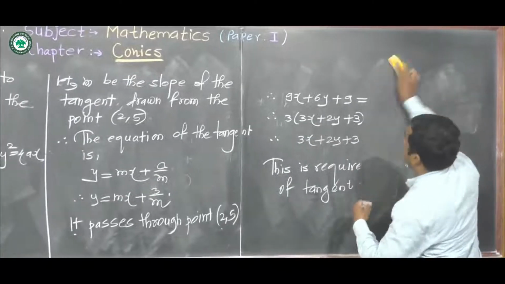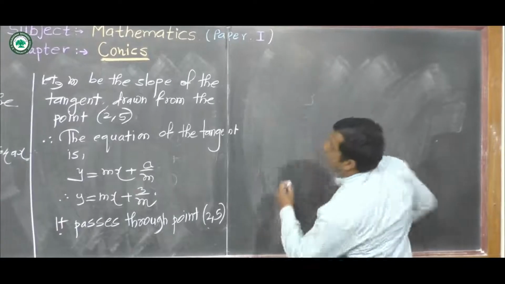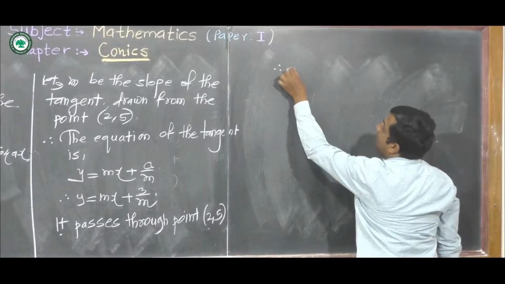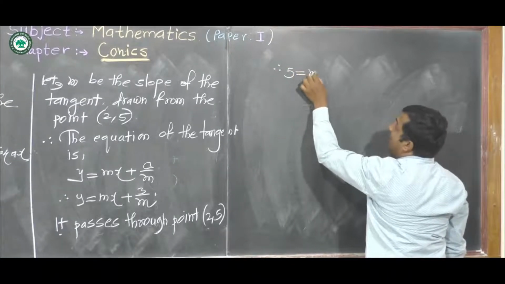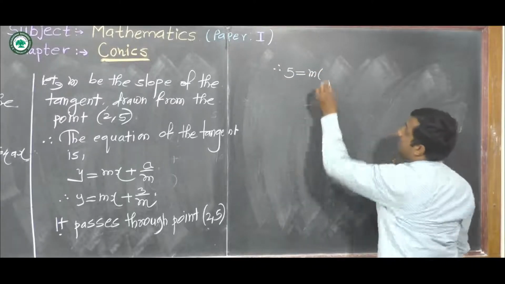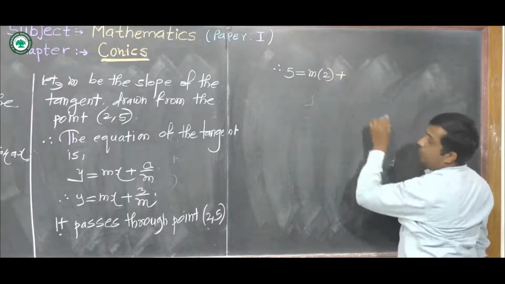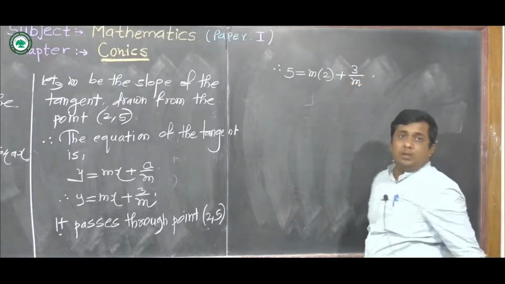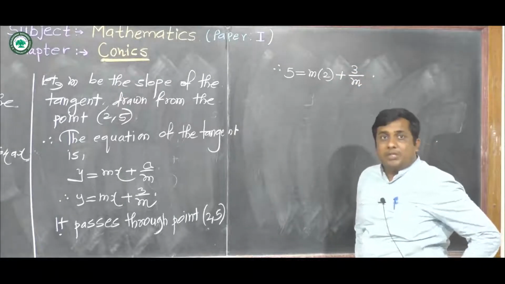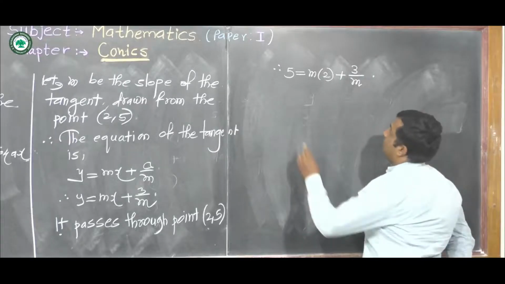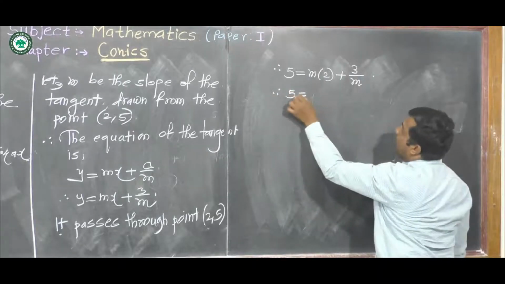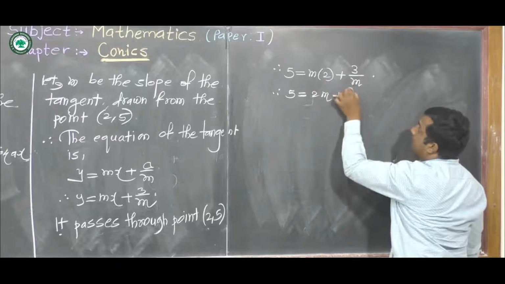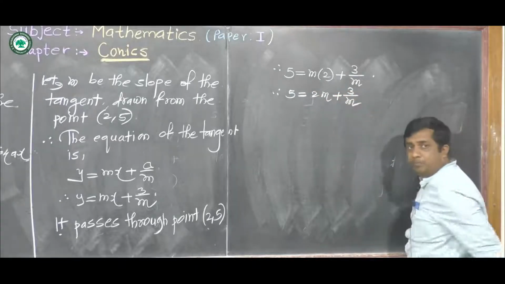Then we get 5 is equal to m into x. Here x is 2 plus we know a is 3, so 3 by m. Let's solve this expression. If we solve, here we get 5 is equal to 2m plus 3 by m.